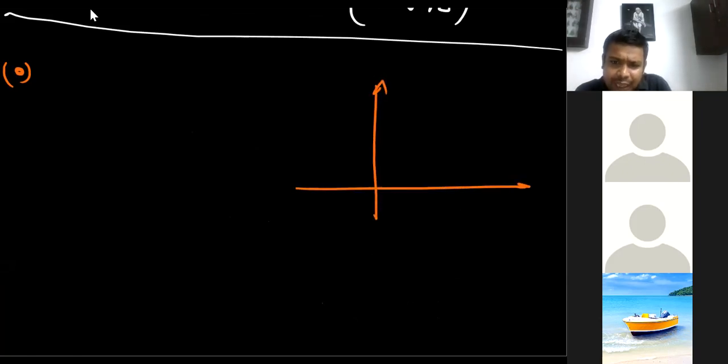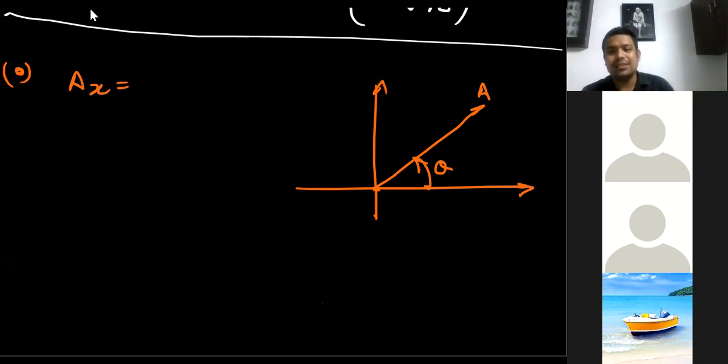Now you are comfortable determining the components. Tell me, my dear friends, are you comfortable? Yes, sir. So suppose the vector A makes an angle theta from the x-axis, then what is AX?